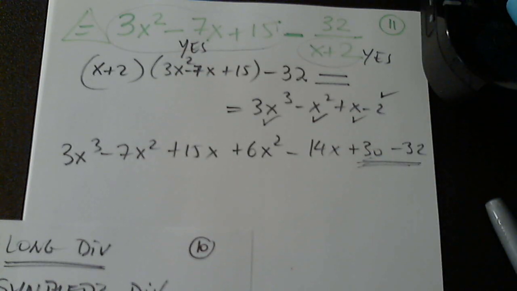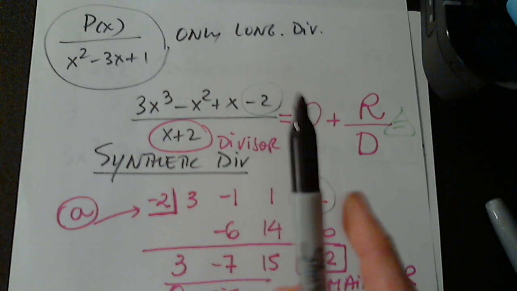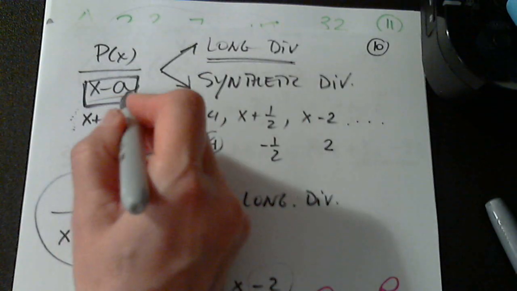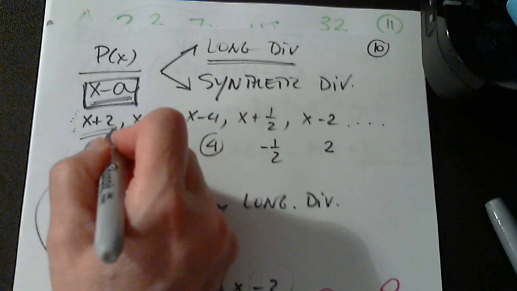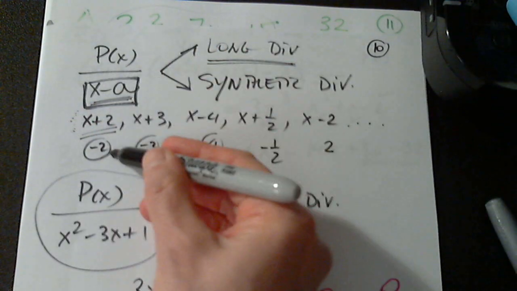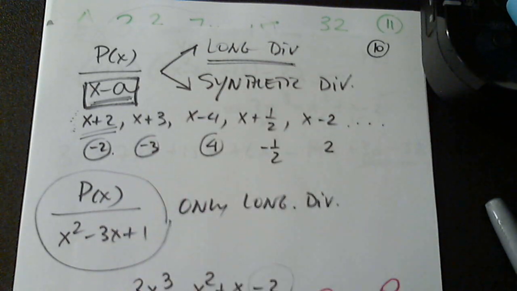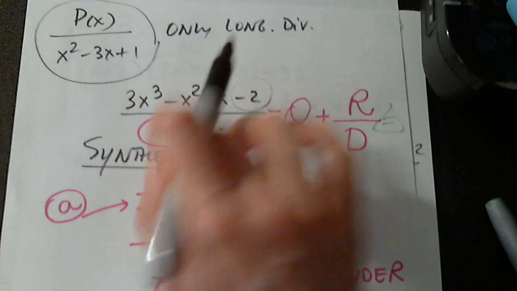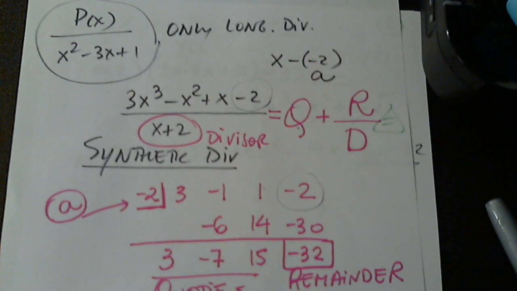I'm referring to the division application. Oh, this one here? Yeah. Very good. Because x minus a is x plus 2, which means a has to be negative 2. So the divisor is written like this to identify a.